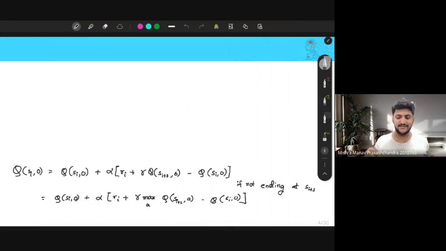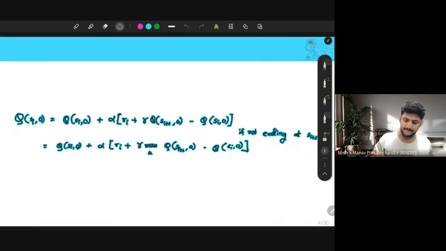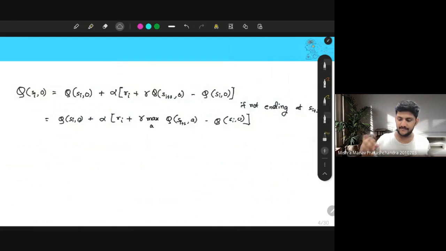I'll update it in the slides later. Okay, this is the update rule for options.